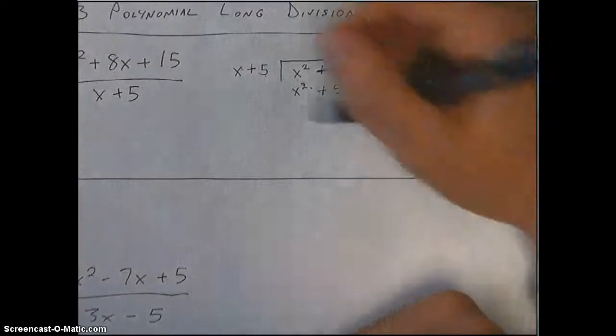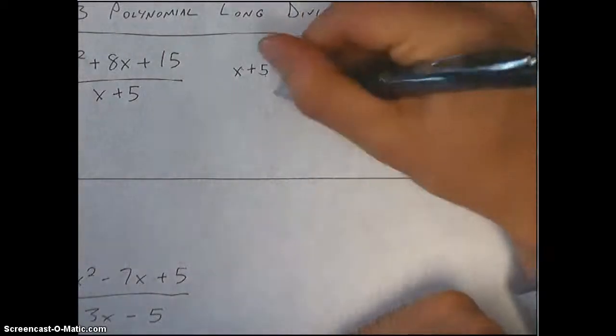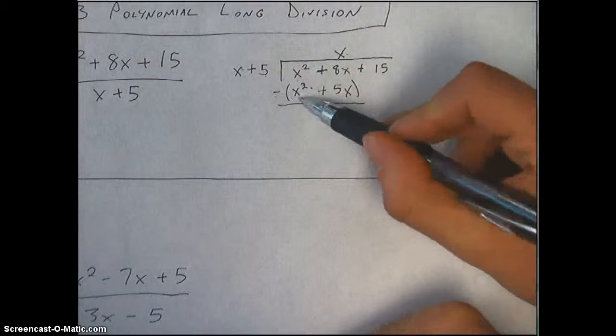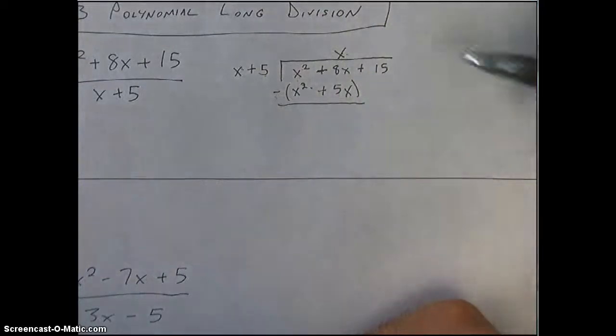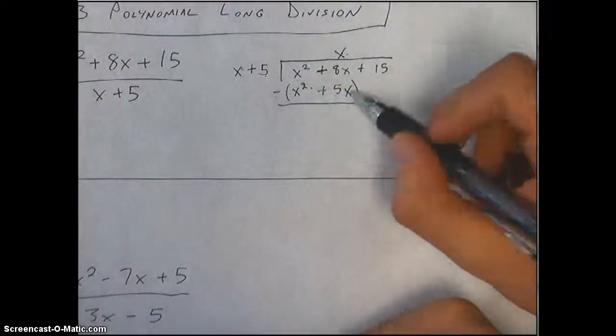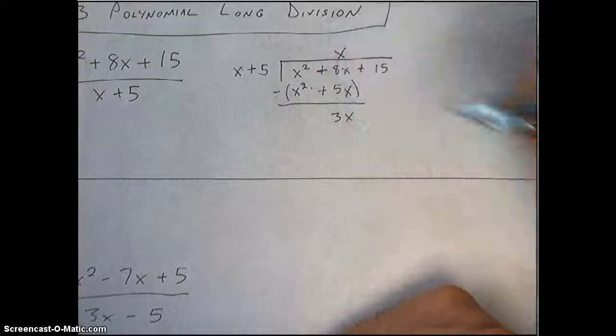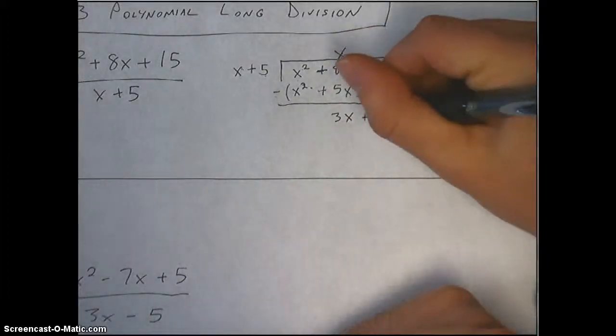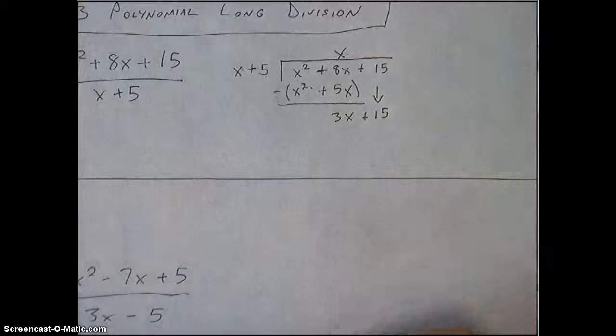Now what I need to do is put these guys in parentheses, and we're going to subtract straight down. So x squared minus x squared, of course, is 0. So I'm just going to leave that blank. 8x minus 5x is 3x. And you're going to want to bring down this term over here. So bring down the plus 15.